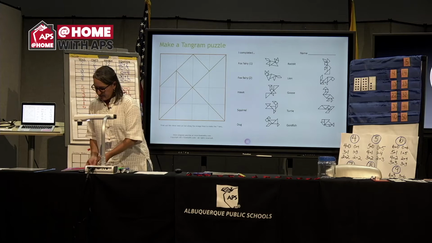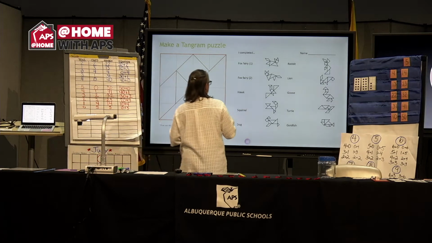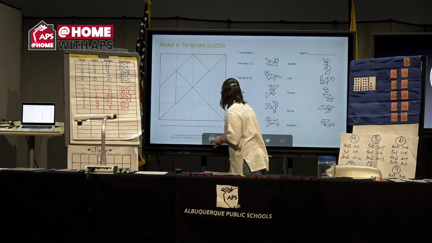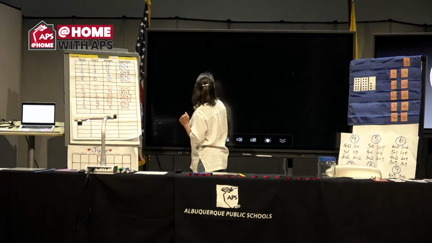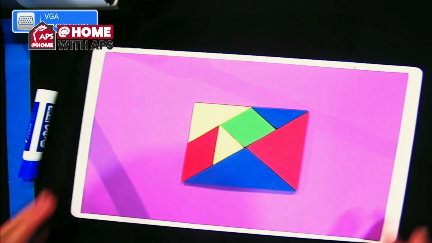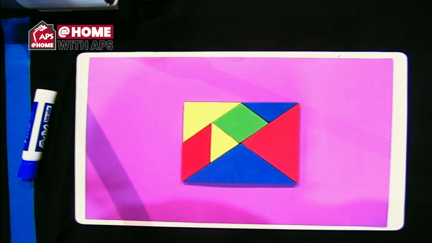Let's see, we have just a couple of minutes, and let's see if we can just take a quick look at our tangram. Okay, so when you start a tangram puzzle, it's in the shape of a square, and all 7 pieces fit nice and neatly together in this square shape.